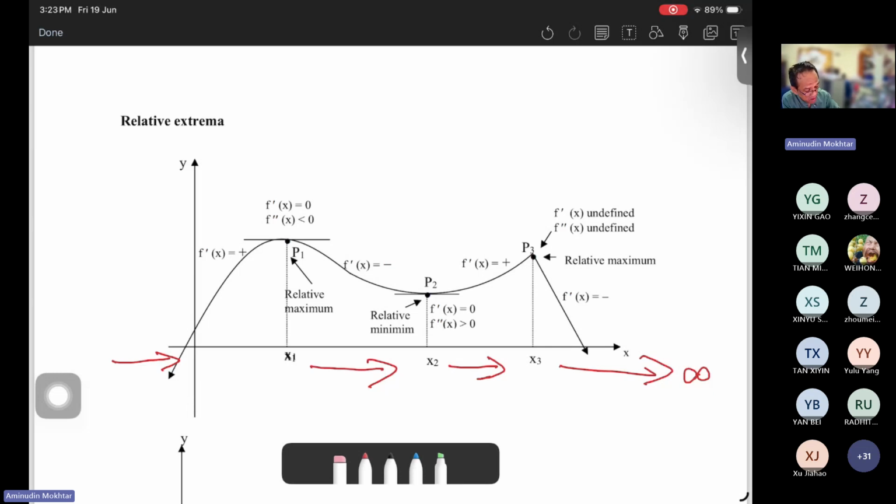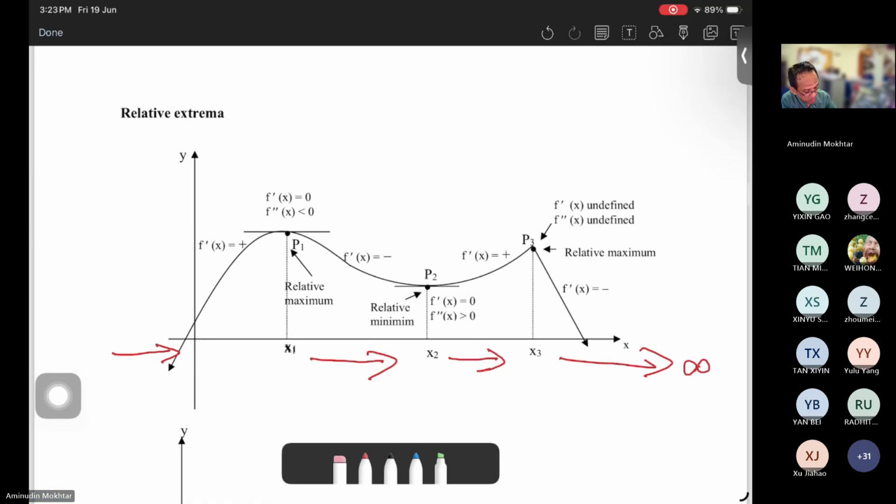You can see the function is increasing until x1. After x1, the function is decreasing. After x2, the graph is increasing again, and after x3, the graph is decreasing.